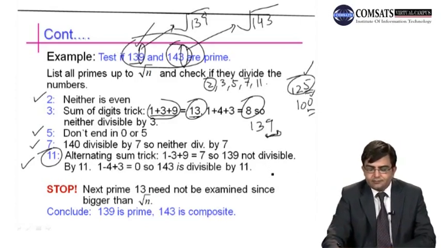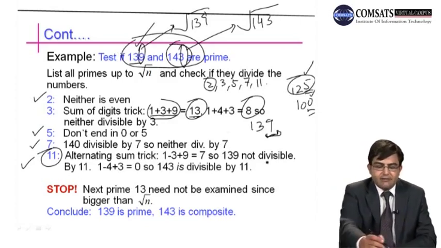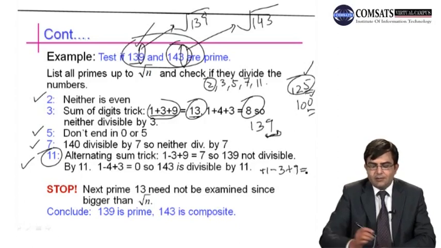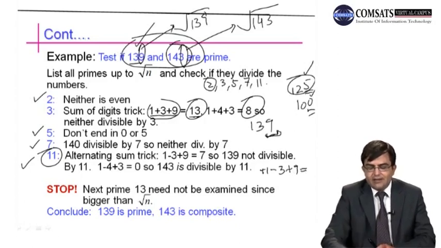If we write the given number as 139 and place alternating signs between these digits, first we start with plus, then minus, then plus, and so on, and we simplify this expression: plus 1 minus 3 plus 9, what is this? This is 7.